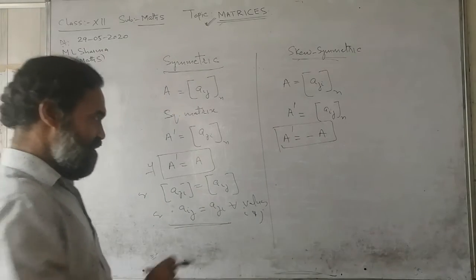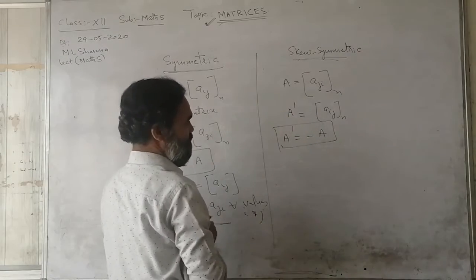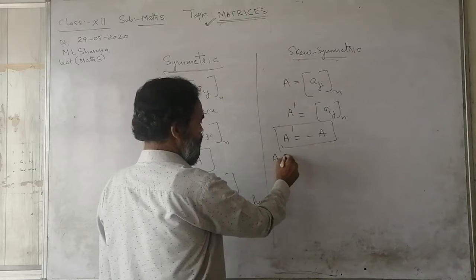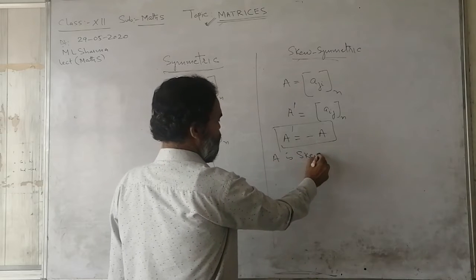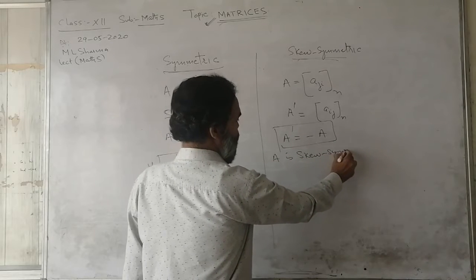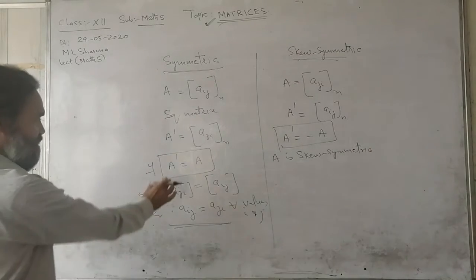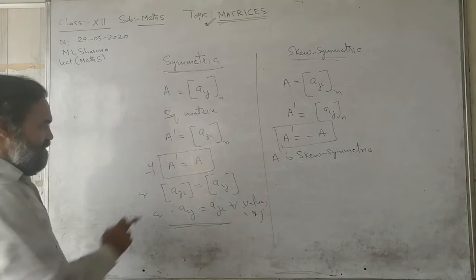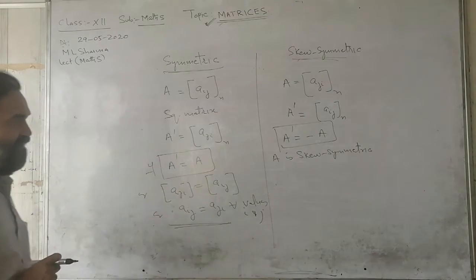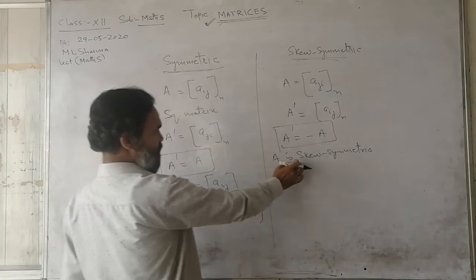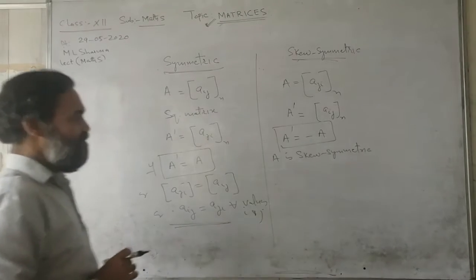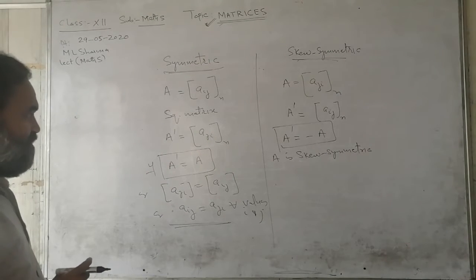If this condition holds here, I can say A is skew symmetric. So the main difference here: in case of symmetric, A transpose is equal to A, and in case of skew symmetric, A transpose equals minus A.